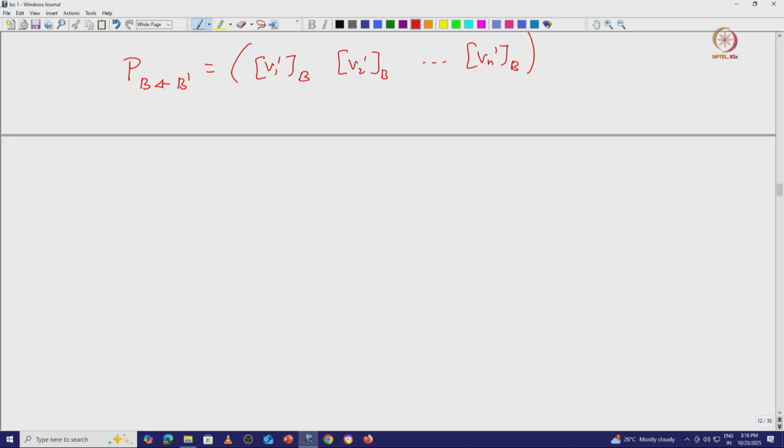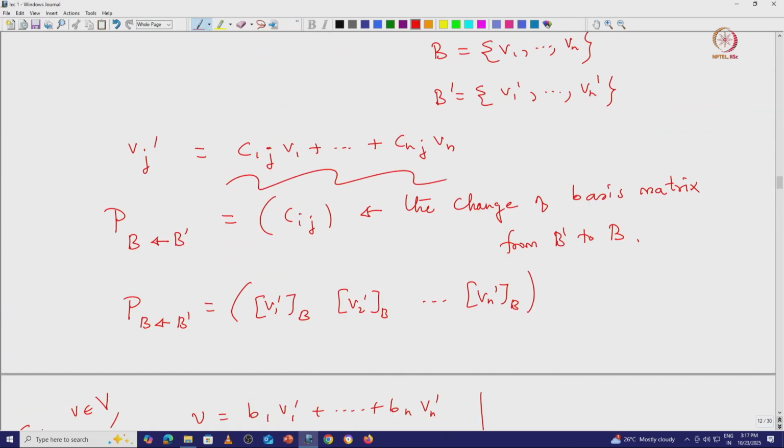Start with a vector V in capital V. Then we can write this V in terms of the new basis, as B1 V1 dash plus etc. plus Bn Vn dash. Now we can simply change this Vj dash using this expression.